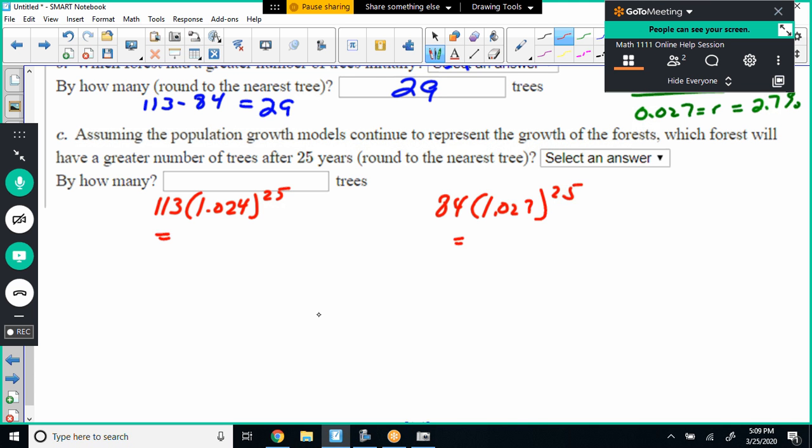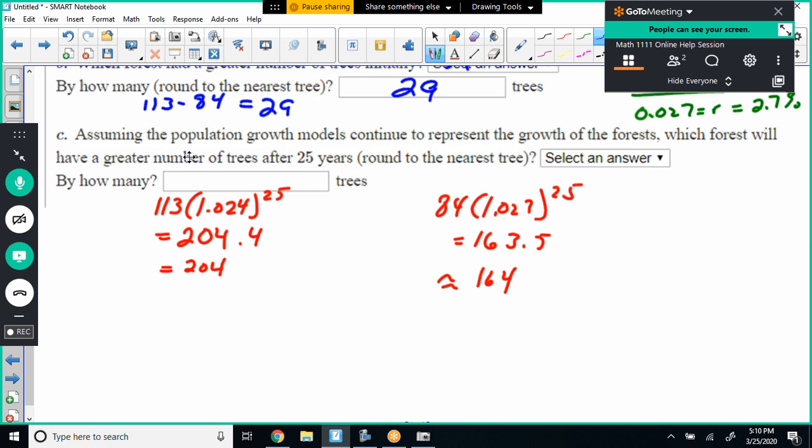Rounding to the nearest tree, I got 204.4, which is 204. And then 84 times 1.027 raised to 25, I got 163.5, which is approximately 164.